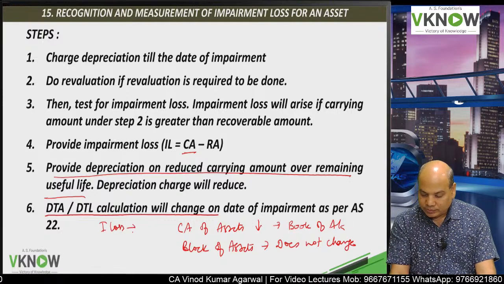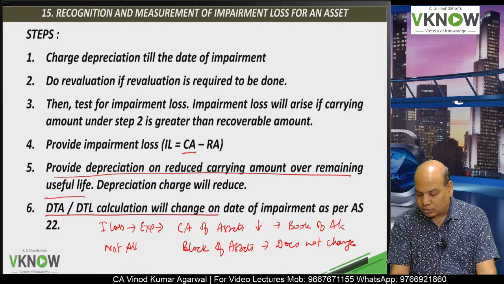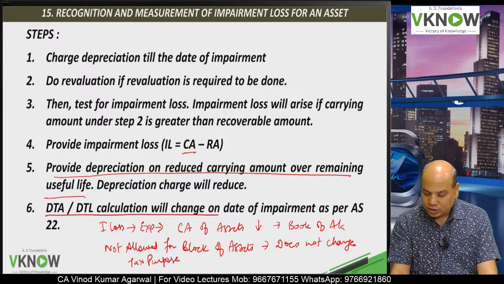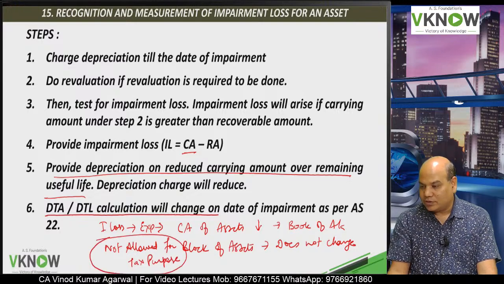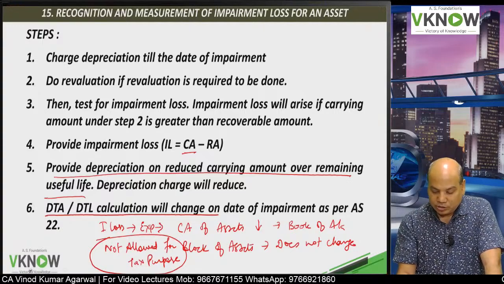Impairment loss is an expense in the books of account, but not allowed for tax purpose. You will study this in your income tax law. You can ask your income tax teacher whether income tax law allows impairment loss as a deduction.